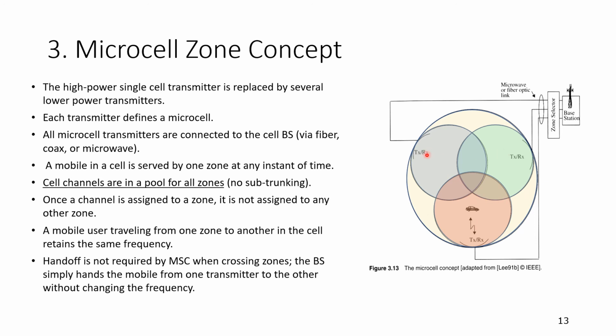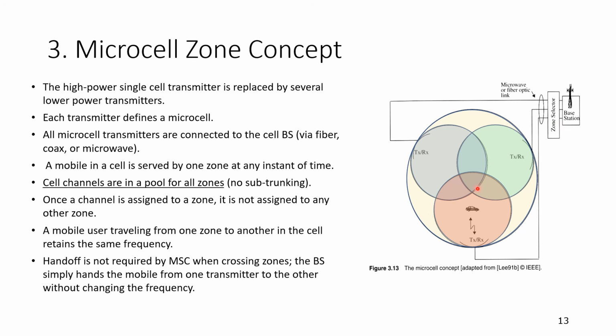When a mobile user travels from one zone to another, the system will retain his frequency, because we have one big control here. If this car moves to the next zone, it will retain its frequency. Handoff is not required by the mobile switching center when we cross the zone, because it's handled by the same base station. So the same frequency will be used without changing, because all of the zones are controlled by the base station.